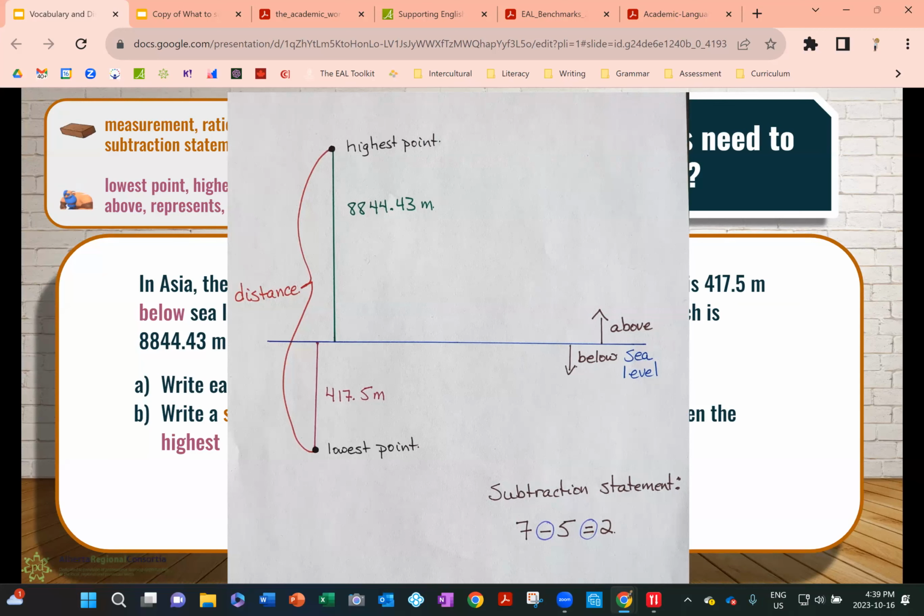Just something to think about when we're asking students to tackle some of those pieces, and to build that vocabulary. Maybe you have just a level A or a level 1 student, but by highlighting and adding some visuals, we can build that language with them.